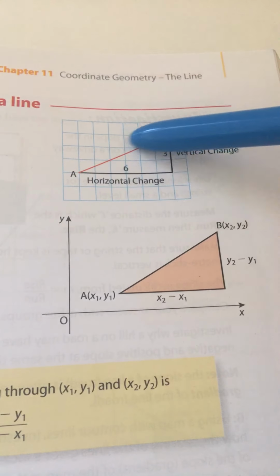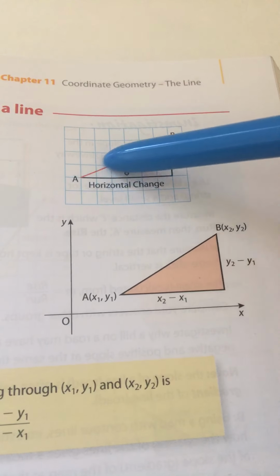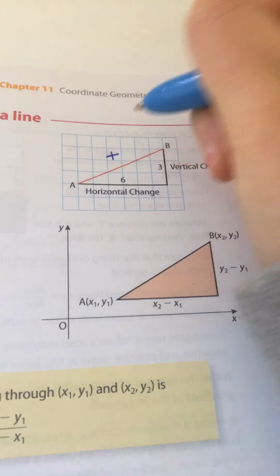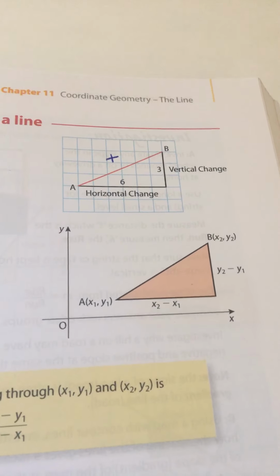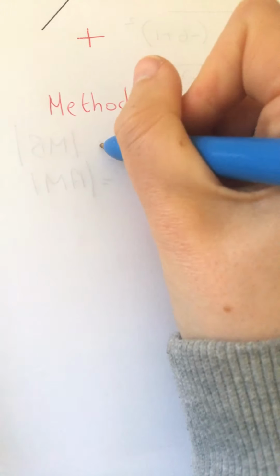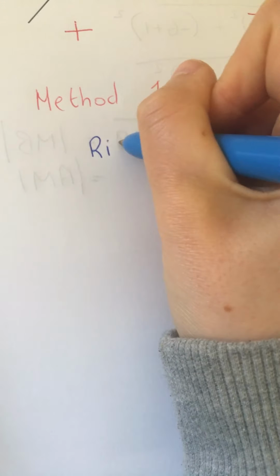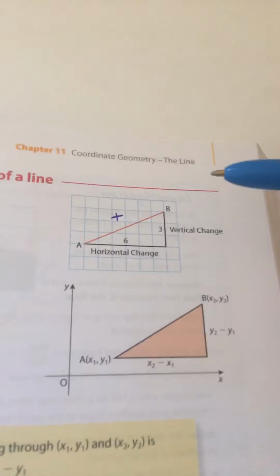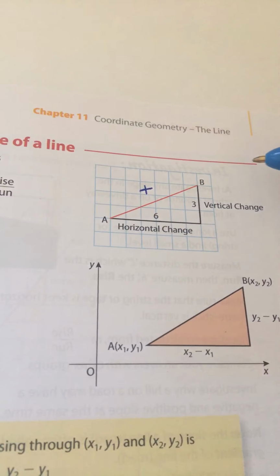You go from left to right. So this one is a positive slope. The way that we calculate the slope in method number 1 is called rise over run. And you can only use this method when you're given the line on a grid.